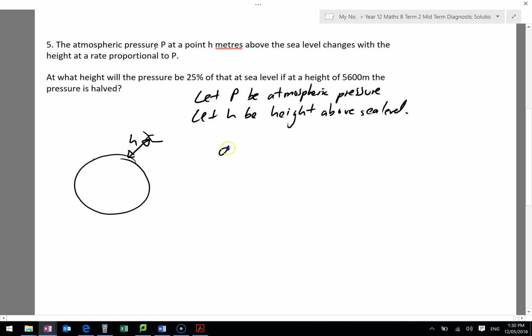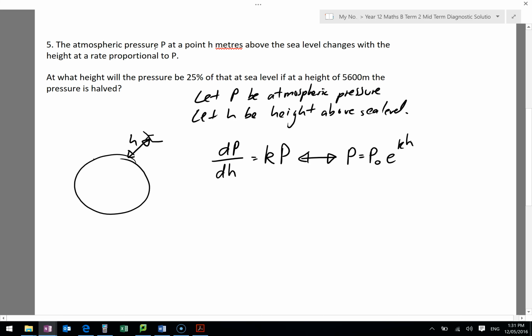What it's telling me is that this rate of change, the rate at which the atmospheric pressure changes as we go higher or further away from sea level in our aeroplane, is proportional to P, so is some multiple of P. I know from differential equations that this tells me that P equals some initial pressure times e to the power kh.